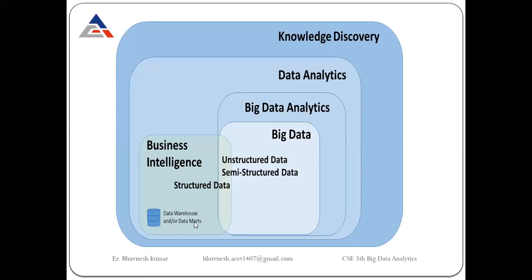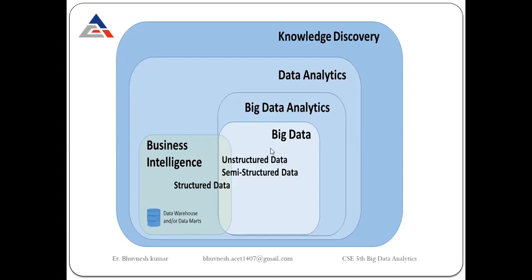A data warehouse is used where we place only selected data. The data warehouse concept is used for storing that data, and these are used in your business intelligence, that is traditional analytics.